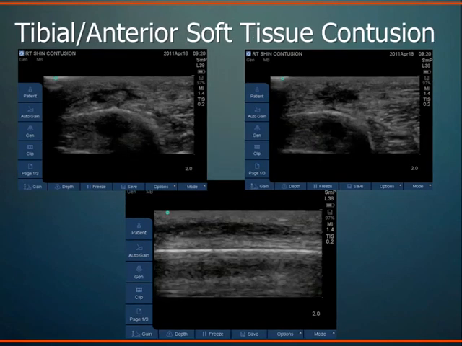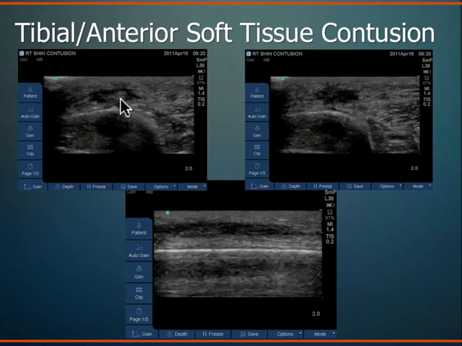This was a baseball player a couple weeks ago, who got hit in the shin with a baseball, a kind of classic tibial contusion. Not necessarily something you would typically image clinically, but just a good example of what you can see on ultrasound. So I imaged it, and what you see here is a short axis view of the tibia, long axis view of the tibia through here, and you can see the superficial subcutaneous collection of fluid from the hematoma from tissue disruption, and here you can actually see a little bit of tissue debris.